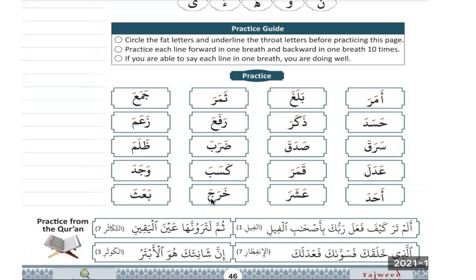But jim fatha ja is a light letter. Kharaja. And the last one is ba fatha ba. We are using the wet part of our lips, and for ain, we are using the middle of the throat. Ba'atha. So this is the practice for the fatha.